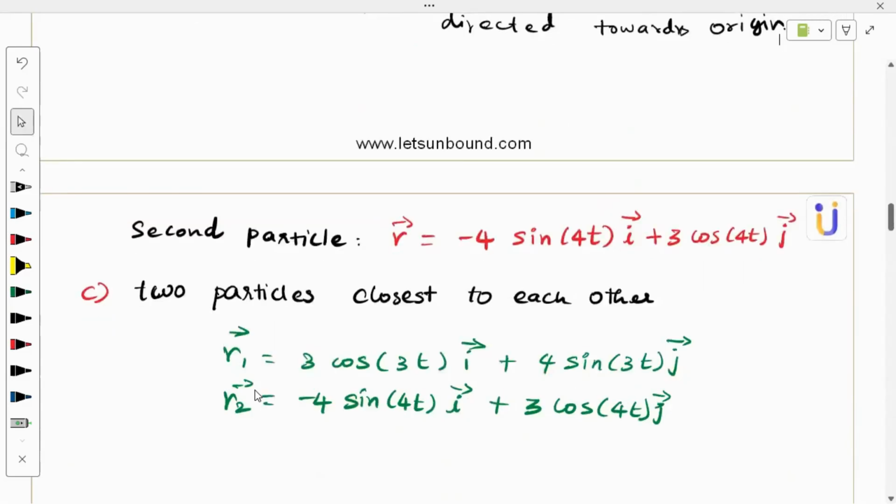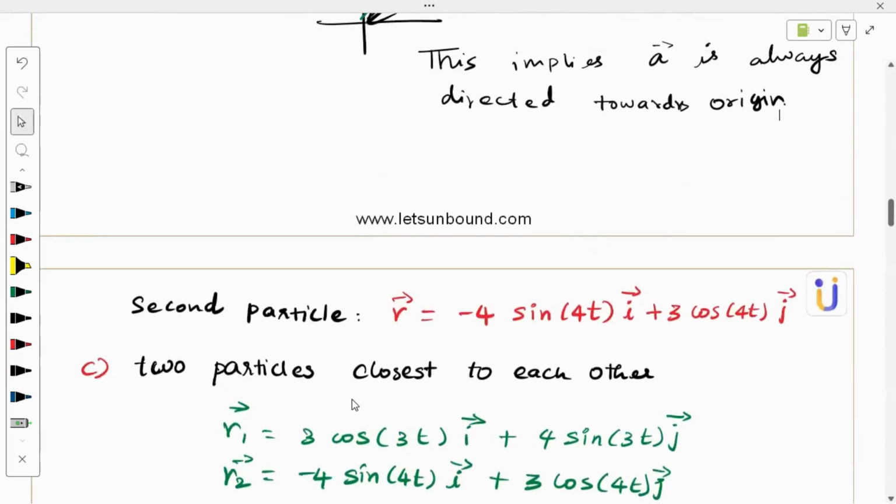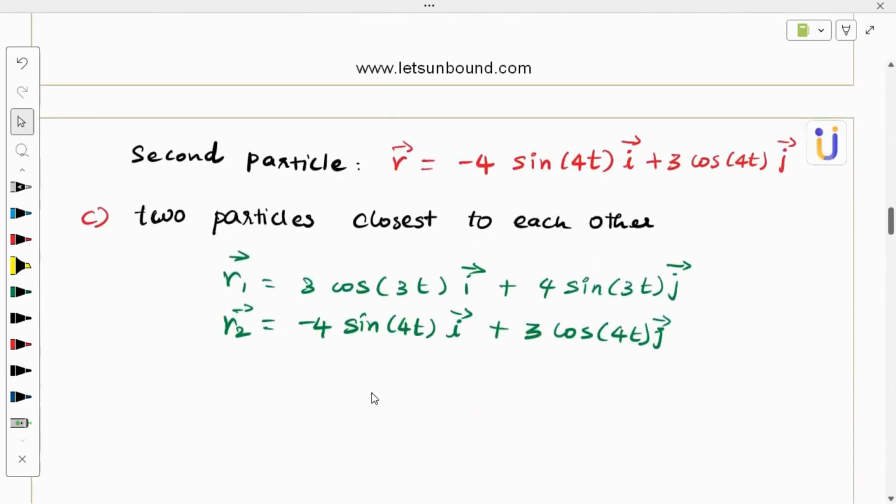Right. And moving to the next part. This is for the first particle we discussed, and we dealt with a lot of things. Now, the position vector of a second particle is given by this vector equation: minus 4 sin 4t i plus 3 cos 4t j. Now, the question is, for 0 less than or equal to t less than or equal to 10, when are the two particles closest to each other?